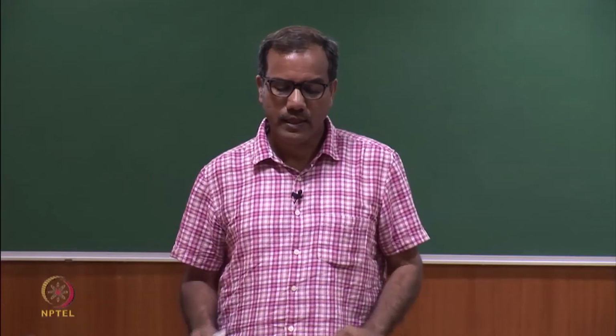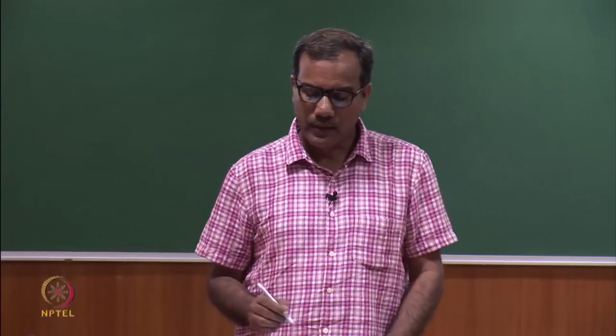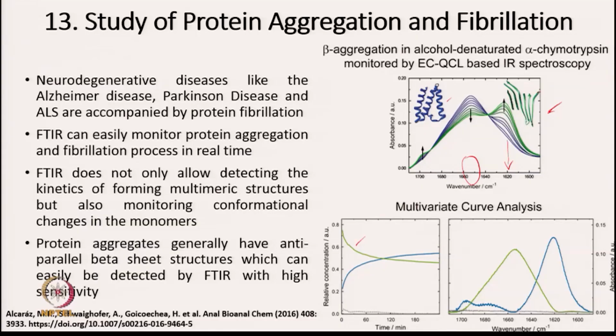So, in this case of alcohol denatured alpha chymotrypsin, you can see that this green, which shows your beta sheet, is increasing, whereas this is decreasing. So, concentration of beta sheet is increasing and concentration of alpha helix is decreasing with time.